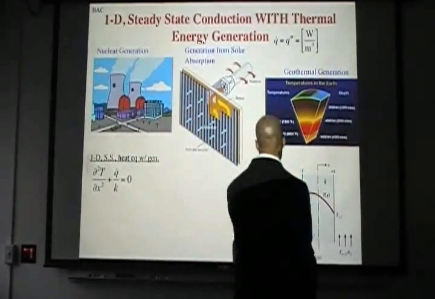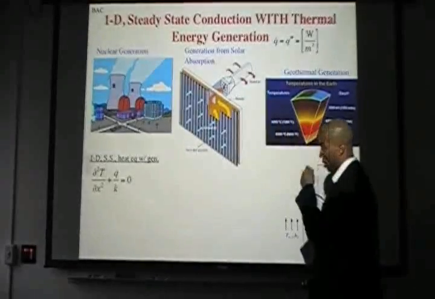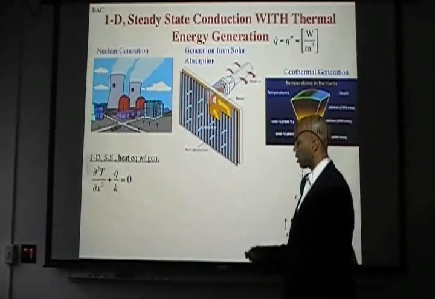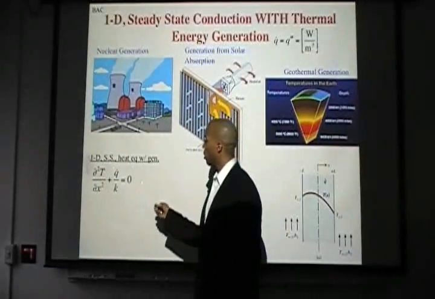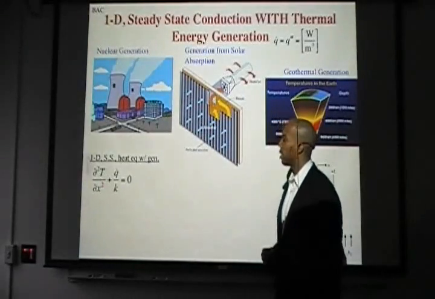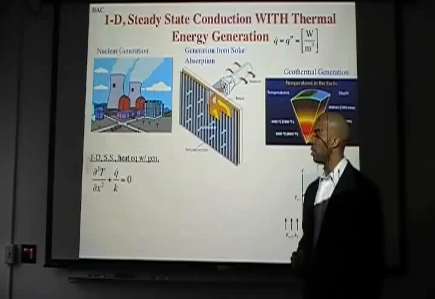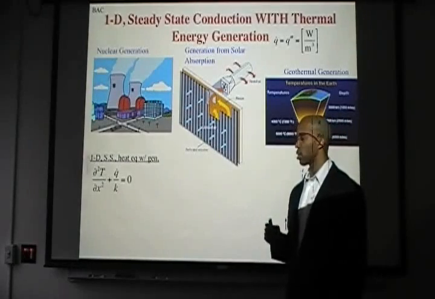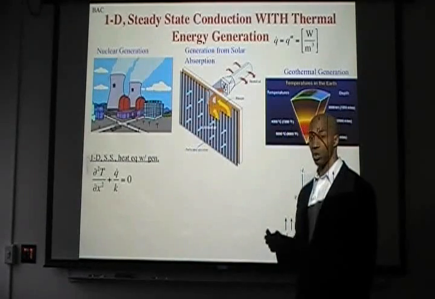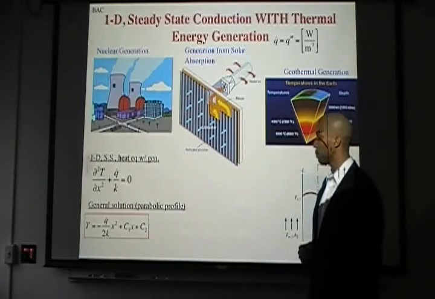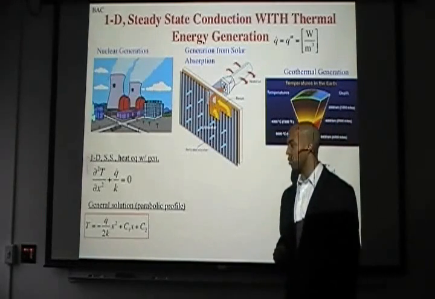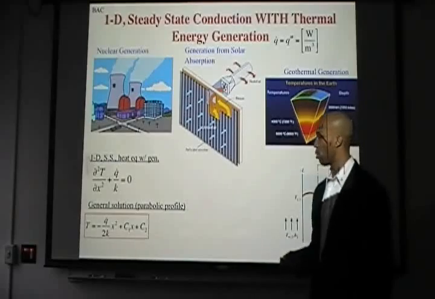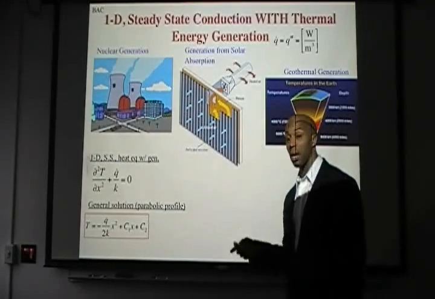So the governing equation, the heat equation, simplifies to this form in this case, where we just have one-dimensional steady-state heat conduction with generation in a plane wall, so it's Cartesian coordinates. And the general solution for this, the temperature profile, is parabolic in shape.